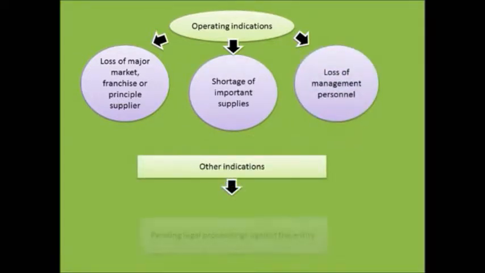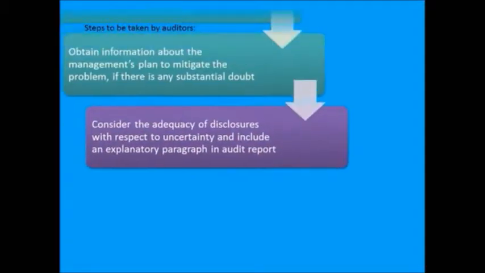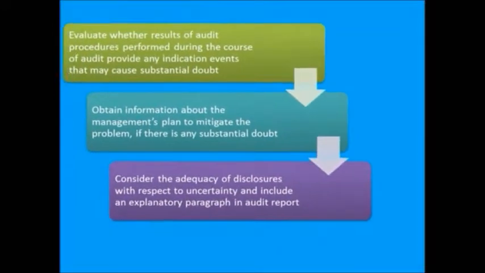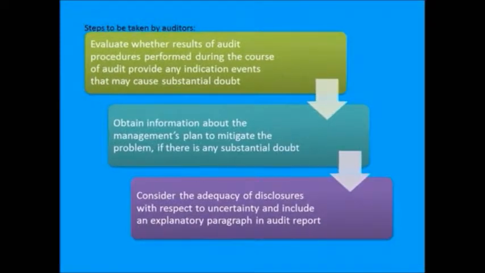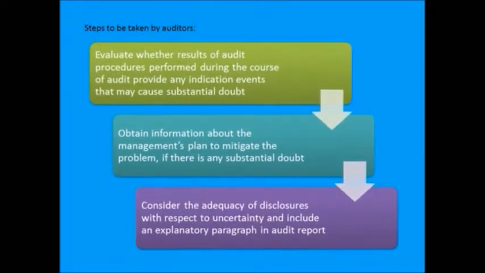The steps to be taken by auditors are: first, evaluate whether the results of audit procedures performed during the course of the audit provide any indication of events that may cause substantial doubt. Second, obtain information about management's plan to mitigate the problem, if there is any substantial doubt. The third step is to consider the adequacy of disclosures with respect to the uncertainty and include an explanatory paragraph in the audit report.